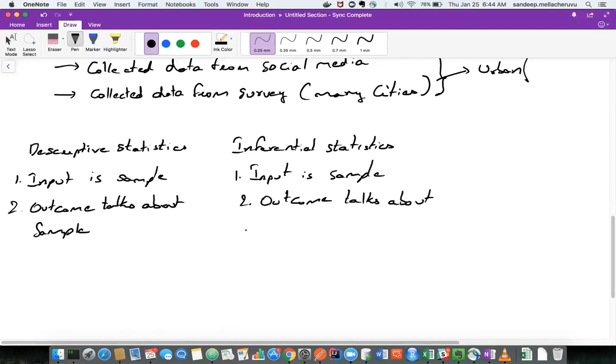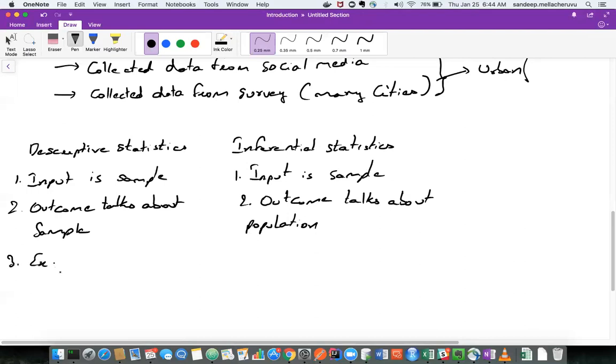And this is very important, because whatever you collect is sample, but you can still talk about population. And this is the most important thing in inferential statistics.